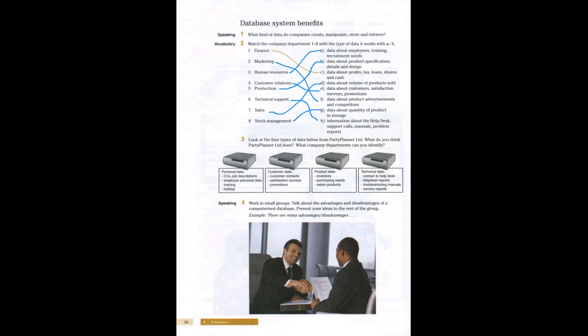In the past, this used to be done manually, in the traditional way. But nowadays, we have computerized data stored in the computer. What are the benefits, advantages and disadvantages?